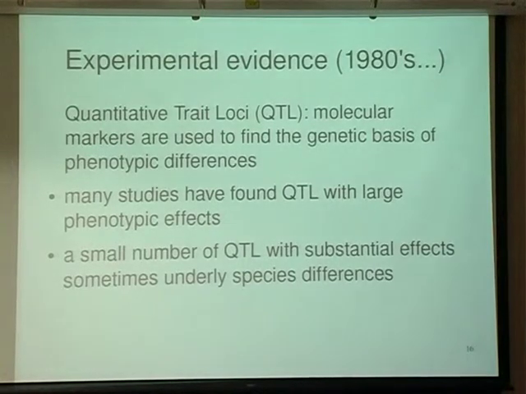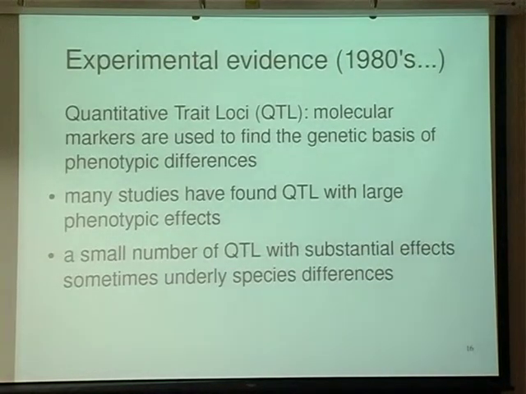So then what happened after 2 decades was that quantitative trait loci, QTL, I don't know if you've seen those yet. I can't really tell you much about them because I'm a mathematician who doesn't understand them, but molecular markers are used somehow to find the genetic basis underlying phenotypic differences. So it involves some ANOVA, like analyzing variances.